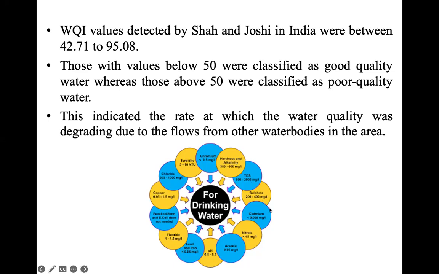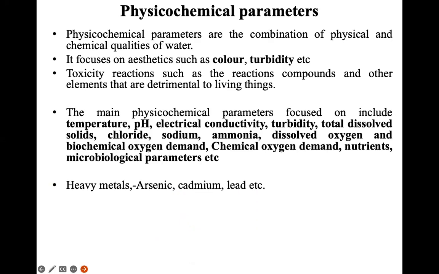You look at sulfites, calcium, nitrate, arsenic, lead, fluoride, copper, chloride, and the list continues. And these are many. These individual contents found in water must be determined chemically, and this can be very expensive. And so before you go into water quality analysis, you must ascertain whether it is even worth it.